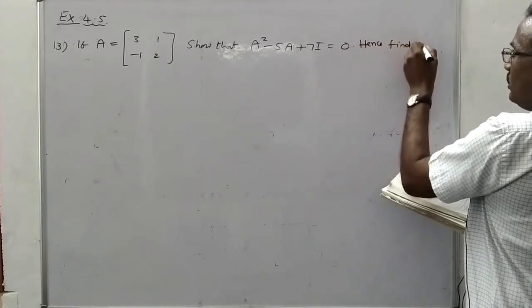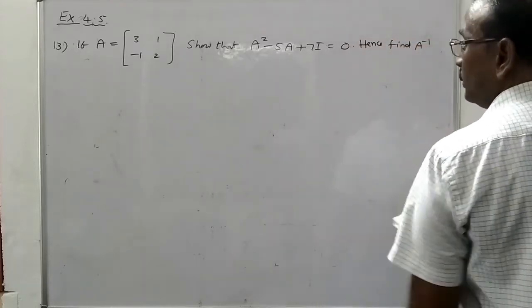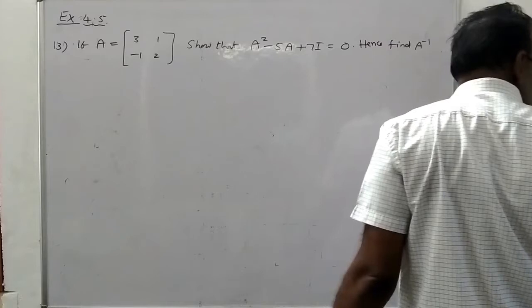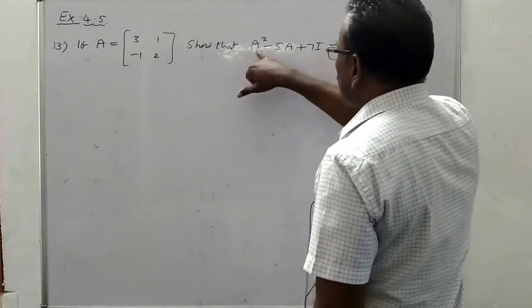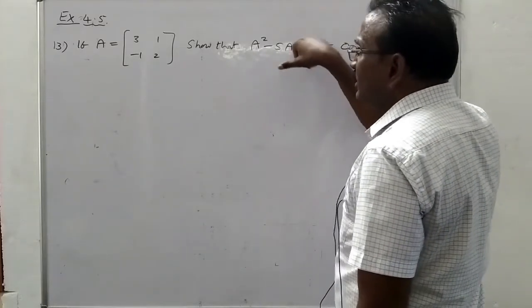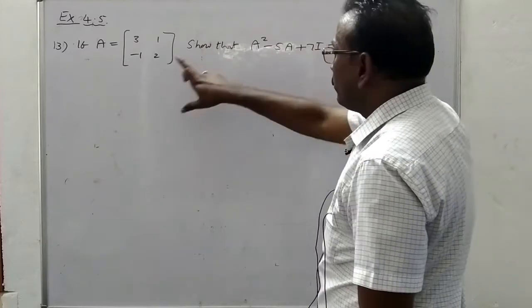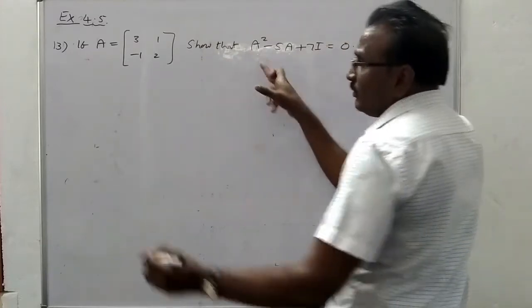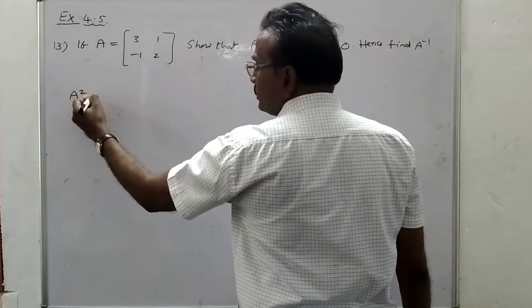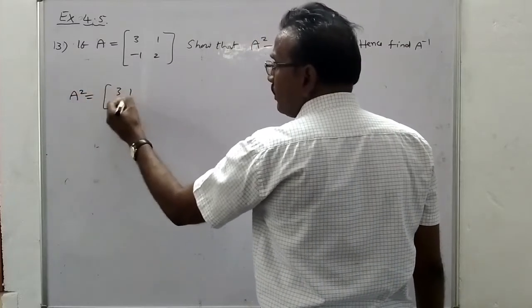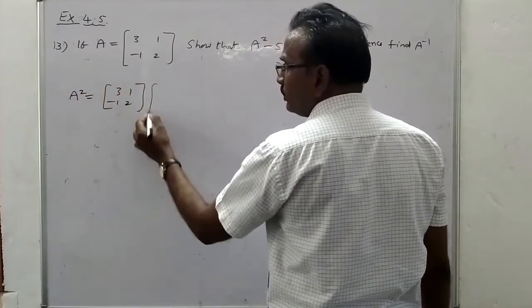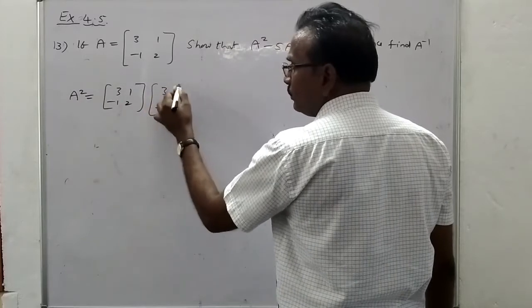Find A inverse. Right. Here, to prove A square minus 5A plus 7I, where I is the identity matrix of order 2, A is already given, we need to find A square first. Here A square value is [3 1; minus 1 2] into [3 1; minus 1 2].